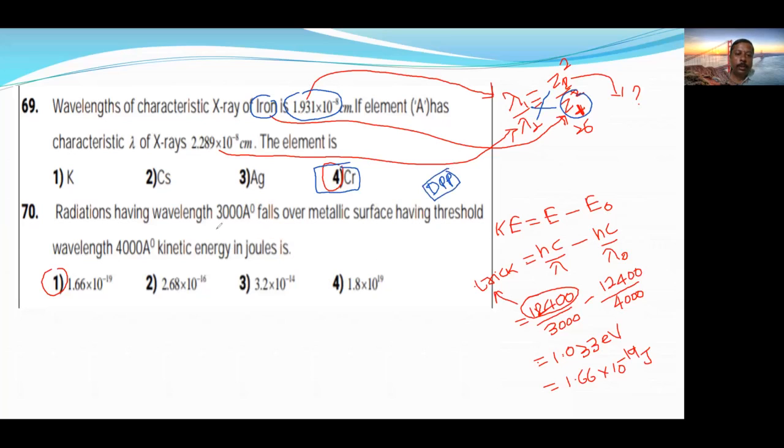Understood? So 3000 angstrom light falls on a metallic surface having a given wavelength. See, the problem is that both wavelengths are given, but they want energy in joules. So once you have a problem, there can be a trick. An easy way to convert: if you multiply h into c, you get 12400 in electron volts.